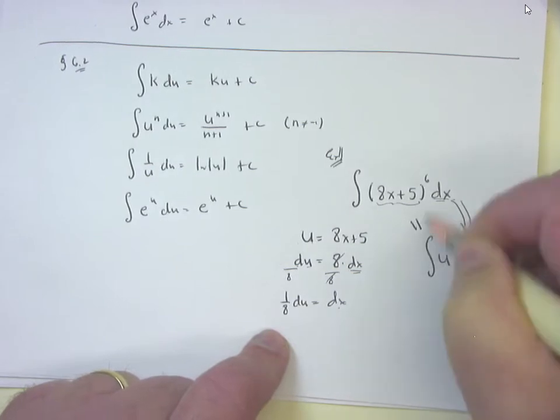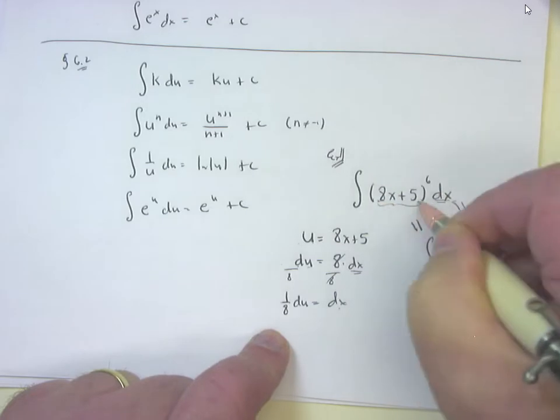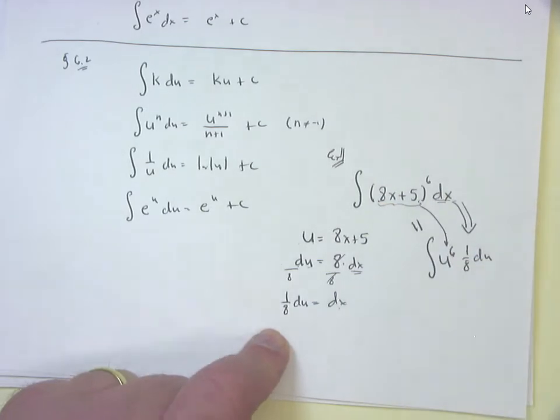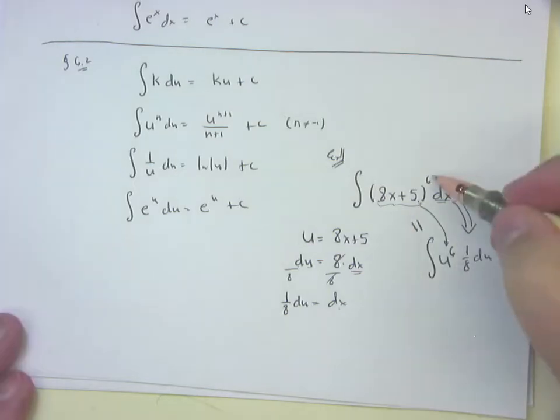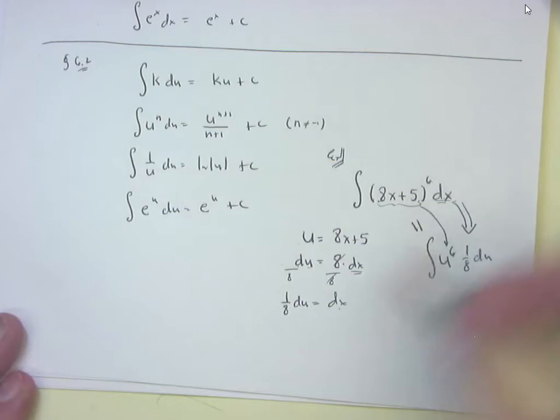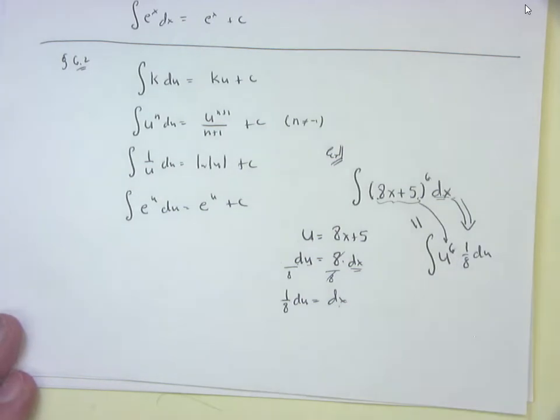It's literally a substitution. And this is u, and it's being raised to the 6th power. So I want you to see this idea of substitution. This 8x plus 5 is u. You're still raising it to the 6th power. The dx got replaced with 1/8 du. Now I want to clean this up, but I want you to see I'm literally substituting into this problem.